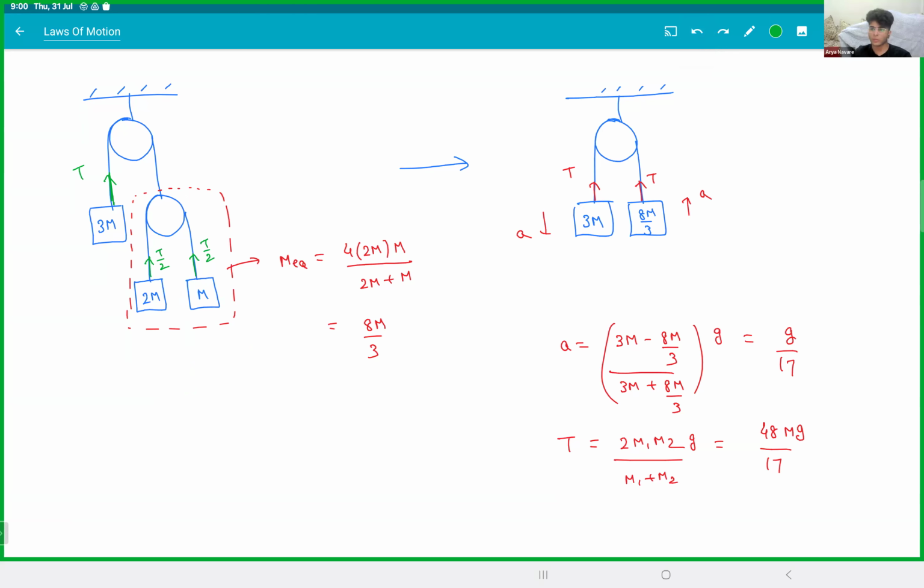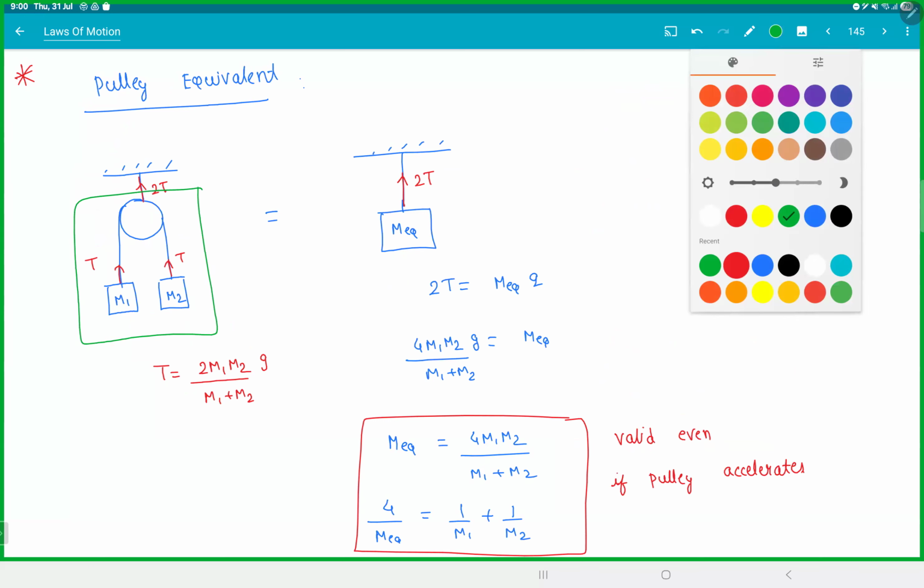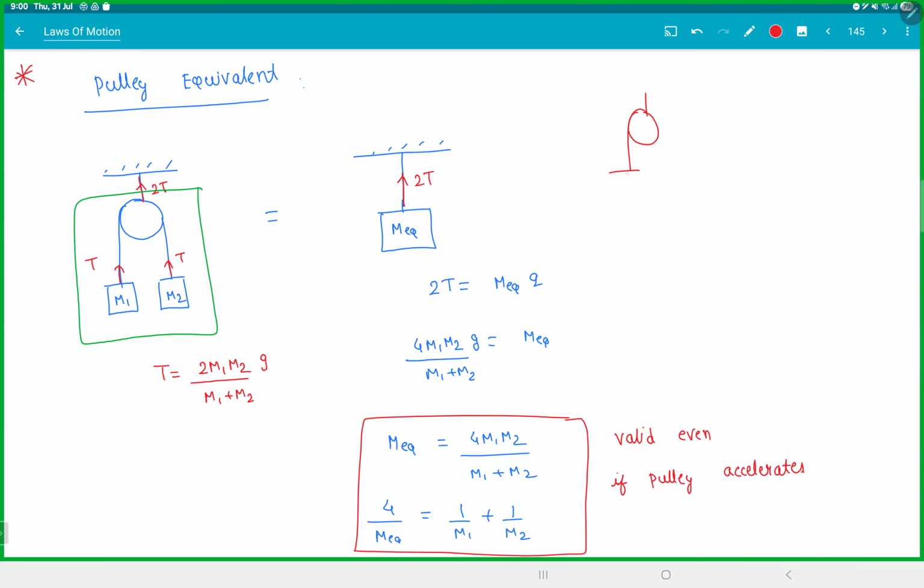So then we can use the same method twice, right? Which method? This M equivalent method, if there was one more pulley. Like I said, for M equivalent, it should look like this. If you make something like this, let's say we have a block here and we have one more here, and let's say here, I keep a string, not a block.